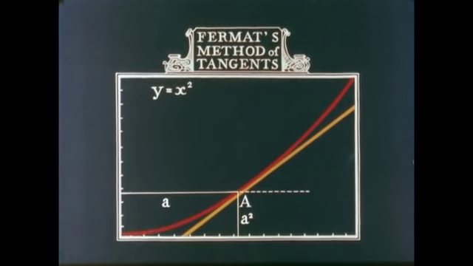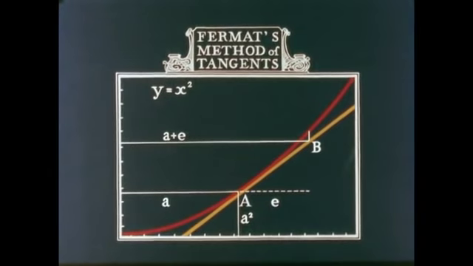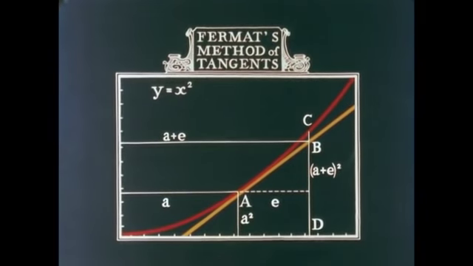Take a nearby point B on the tangent, whose first coordinate is a plus e. Since the point B on the tangent lies below the point C on the parabola, we know that BD is less than CD, and CD is equal to (a plus e) all squared.